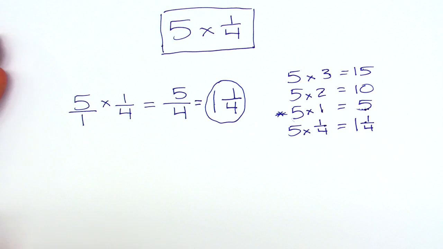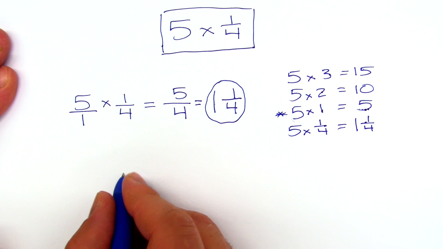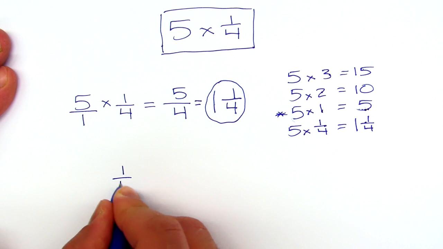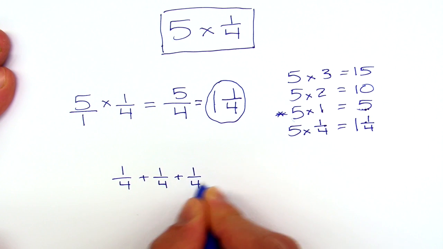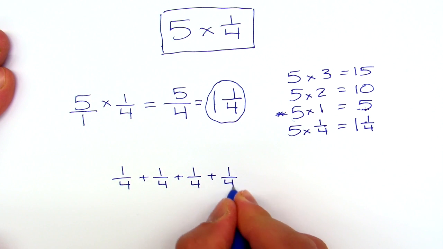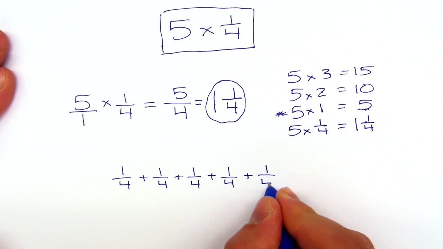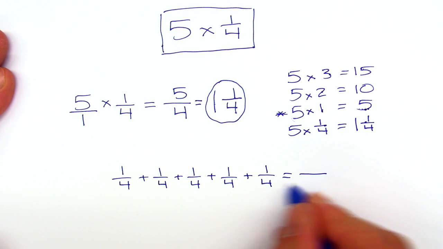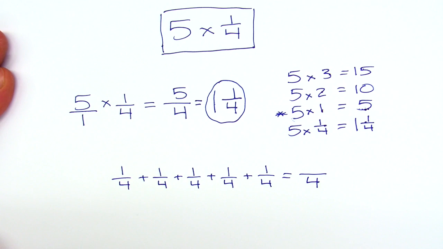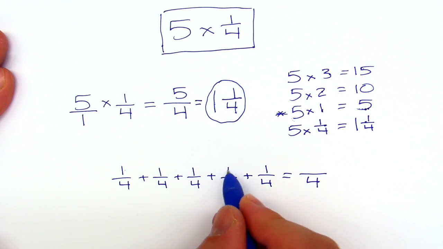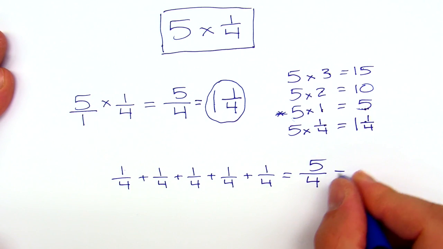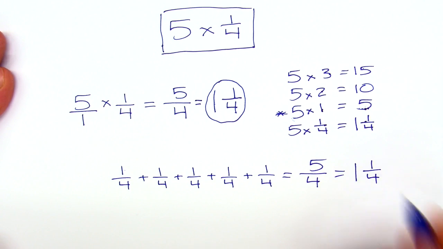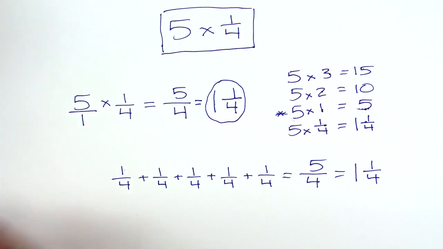Now, another way to look at it is you might be thinking, well, isn't multiplication repeated addition? It is. So another way to look at it is 1/4 plus 1/4 plus 1/4, 5 of these. And since we're talking about fourths, all we're doing is adding 1, 2, 3, 4, 5 fourths, 5/4. And obviously this would equal 1 and 1/4. Why does it equal 1 and 1/4? Well, here's what it looks like.